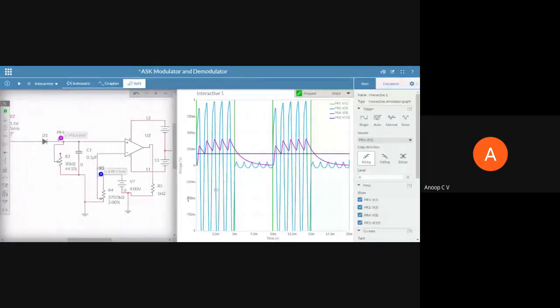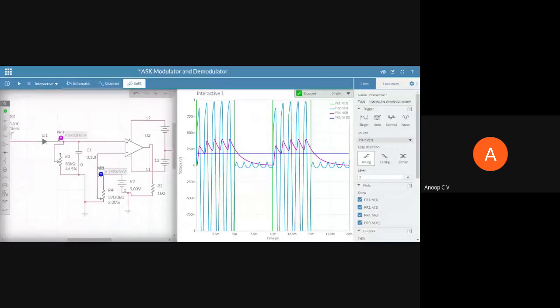So what we should do is tune this discharge time, that is this R3, as well as this potentiometer value, to get an output which is exactly the same as that of the message.